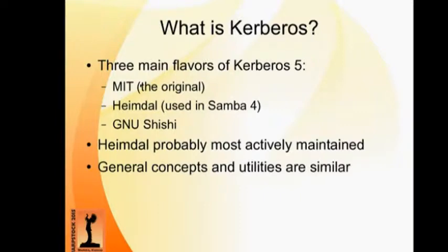So I can use MIT or Heimdal, and I don't really care whether the server is Windows and it accepts Kerberos authentication, or whether it's a Linux box and it's using MIT Kerberos or it's using Heimdal. They're all interchangeable. And the syntax for the Kerberos client is essentially the same between them. There are some nuances, like with anything like that. There are some commands that work a little bit differently on one than on the other.